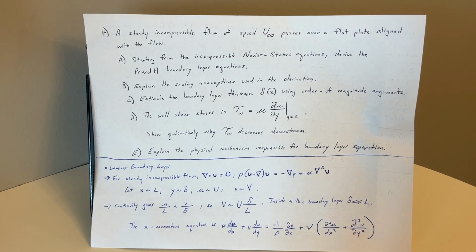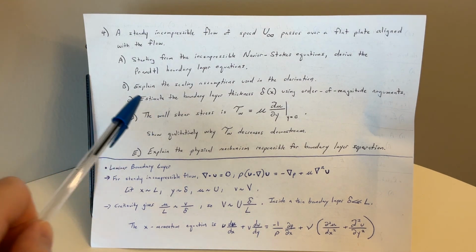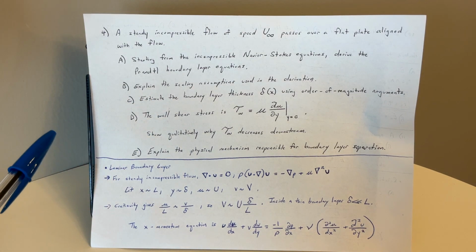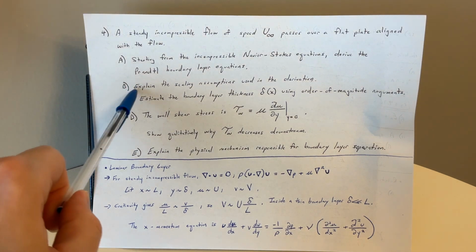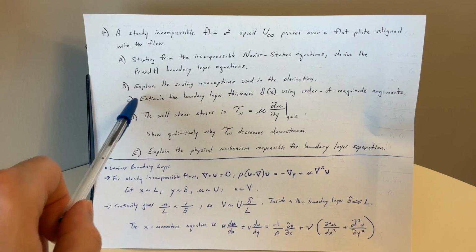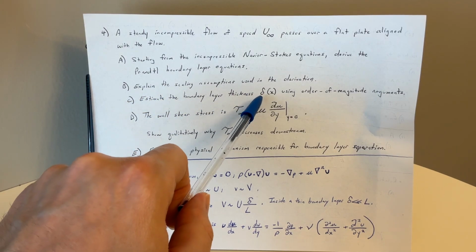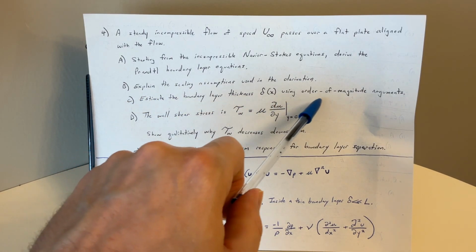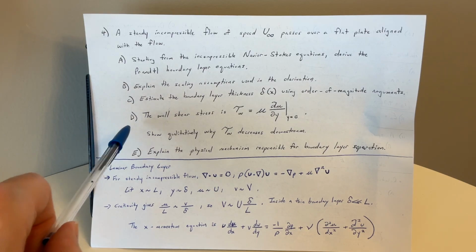We still have parts left of this. So from here, let's just read out the rest of the problem. We want to explain the scaling assumptions used in the derivation. We want to estimate the boundary layer thickness, delta of x, using order of magnitude arguments.